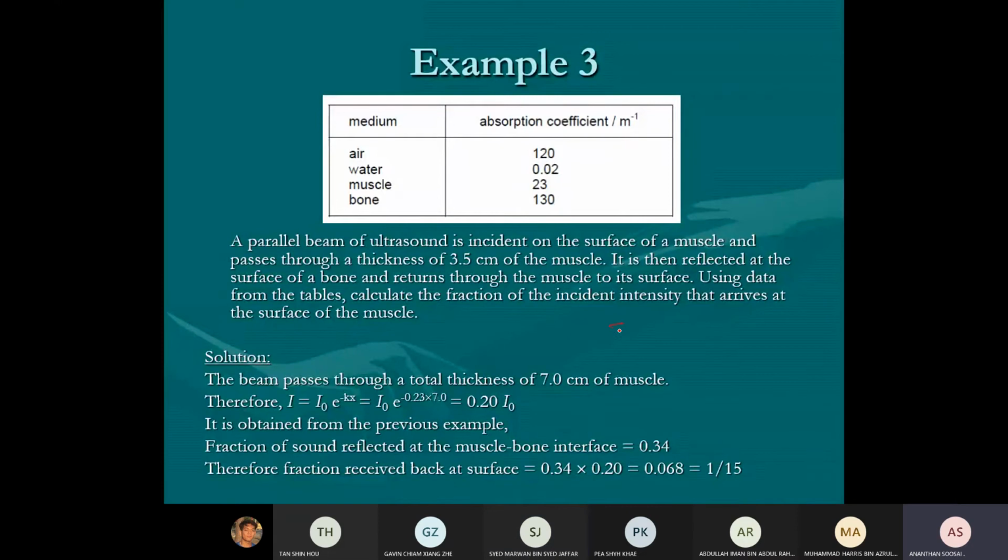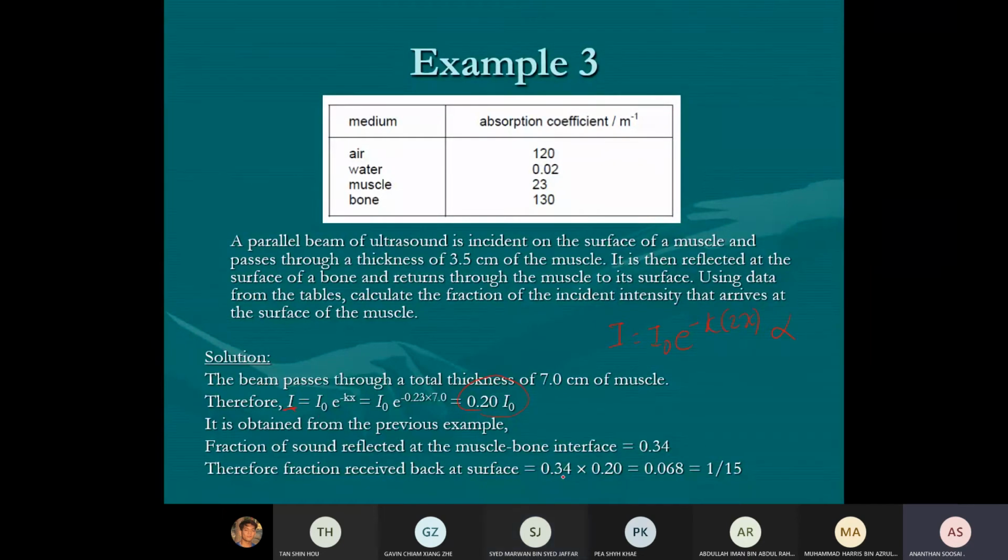So you see the final answer. I equals I naught e negative K 2x times alpha, right? You see this I naught e negative Kx, they got 0.2 I naught, obtained from the previous example.